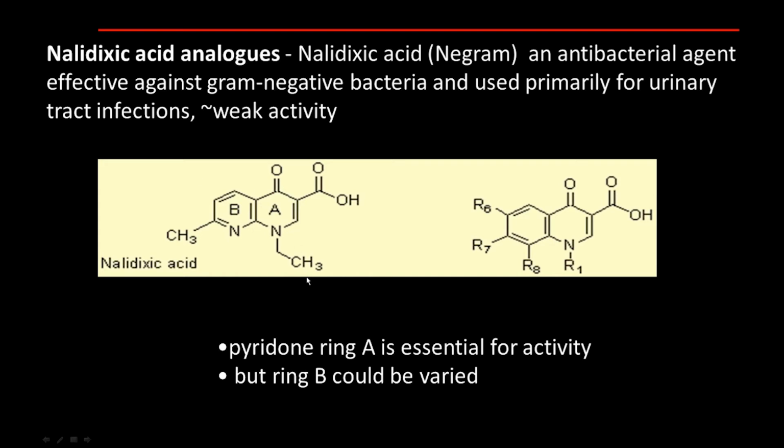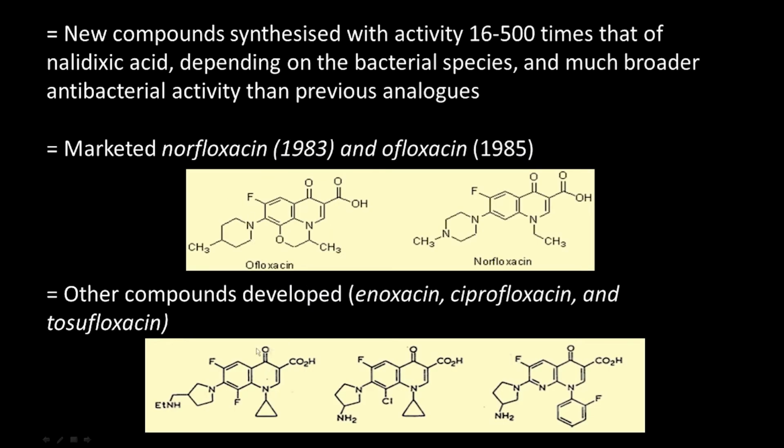You can see this portion is kept constant, and you make a lot of changes on the other B ring, and you end up with very highly active molecules, more potent with a wider range of activity. That is the beauty of understanding the structure activity relationship. That's very, very important actually.